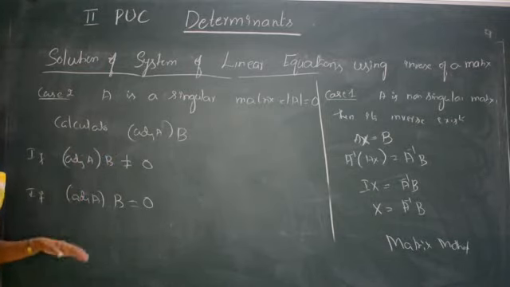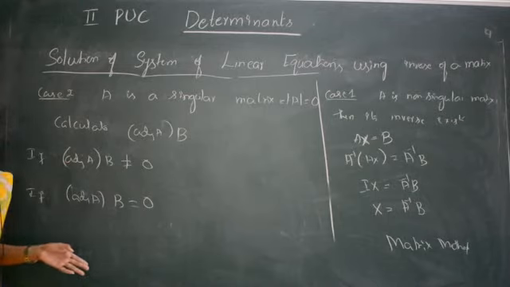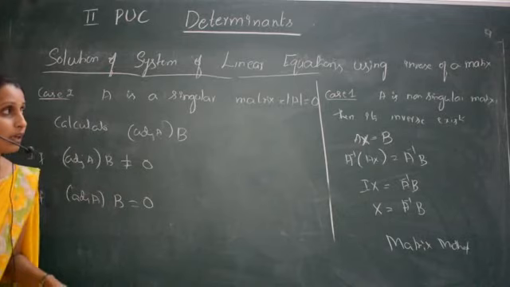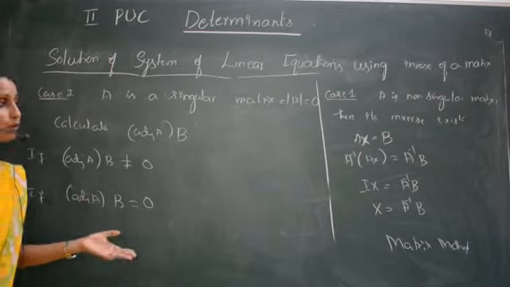First, we have to write the given system as A, X and B. After that, we have to calculate the determinant value. From the determinant value, we will know whether the given matrix is non-singular or singular. If it is non-singular, that means the determinant is not equal to 0, then we go for this method.